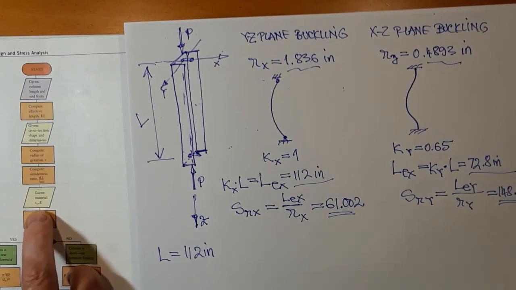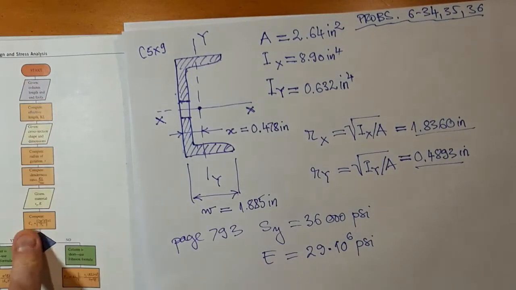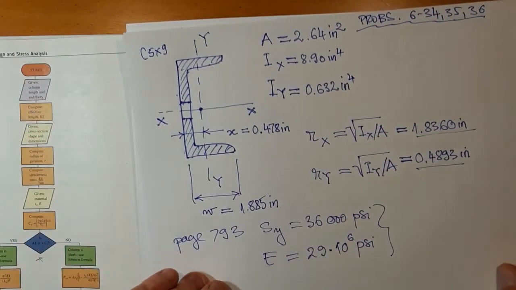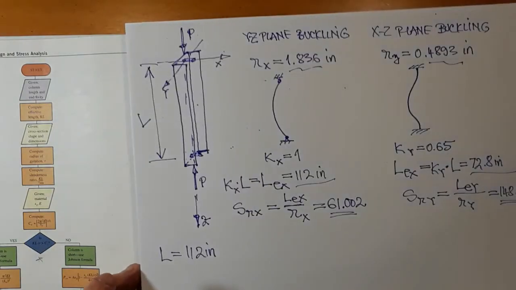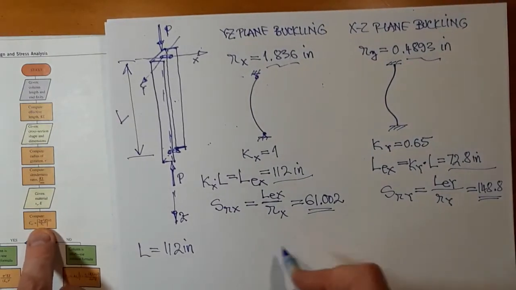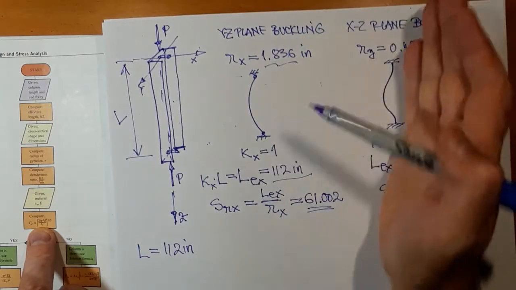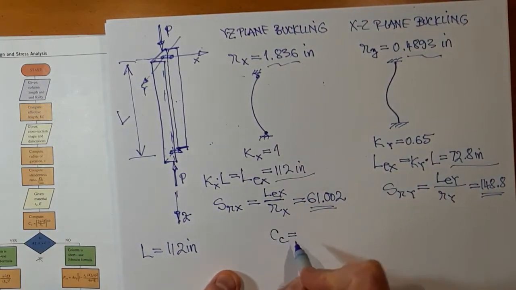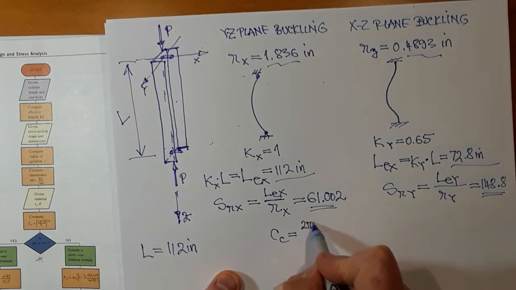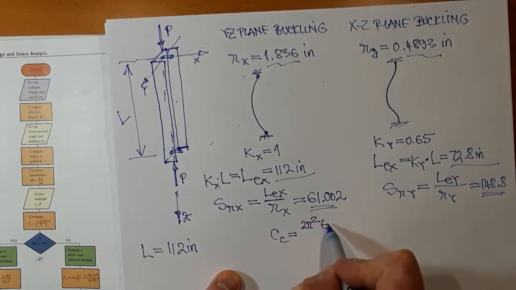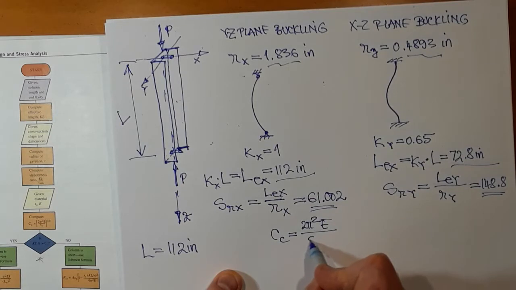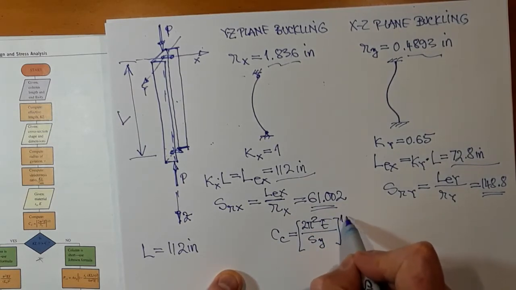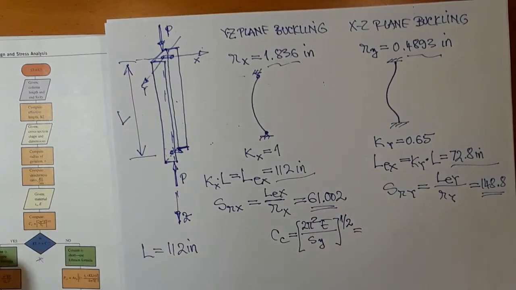We extracted, following the flow charts, the properties of the material. We need to calculate now, and it's the same for both planes, the Coulomb constant. Coulomb constant is 2 pi squared E over Sy to the power 1 over 2. This is the square root.